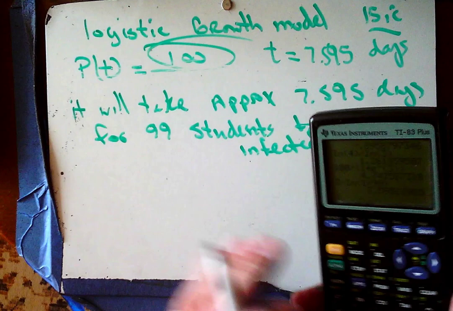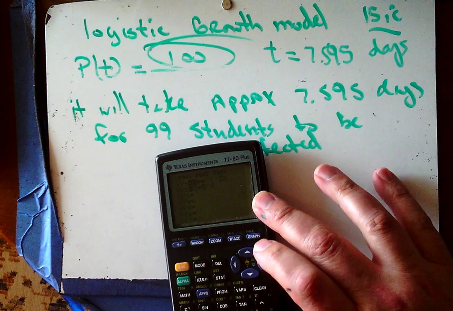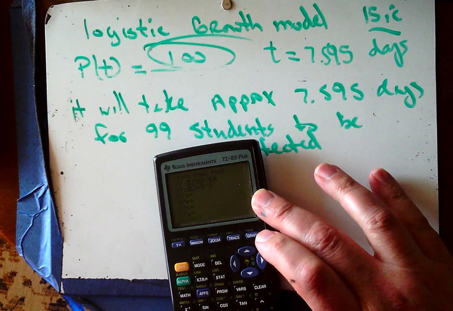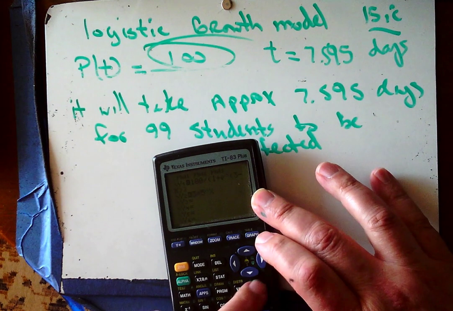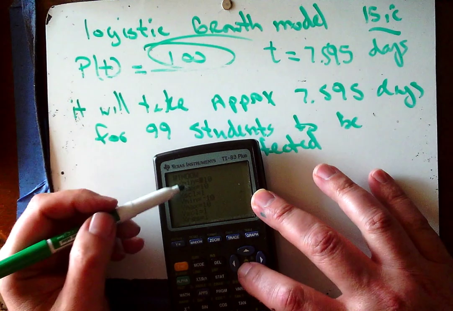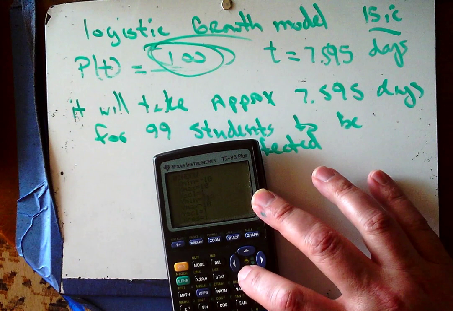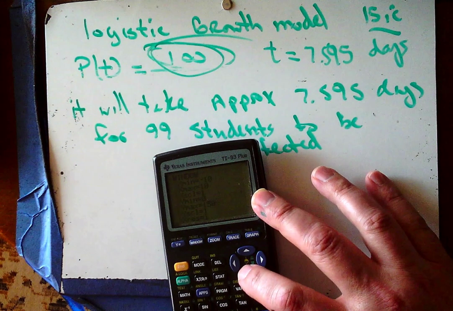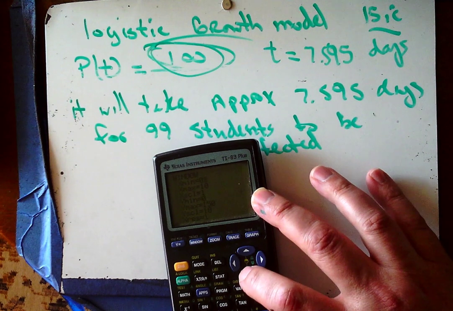Oh, wait, I wanted to go back and do the last one graphically. Okay, so graphically, we type in our logistic model, 100 over 1 plus e to the 3 minus x. And over here, we type in 99. And now my window needs to at least get up to 100. I'm going to give a little cushion there and go to 150 in steps of 10. I don't need negative time.